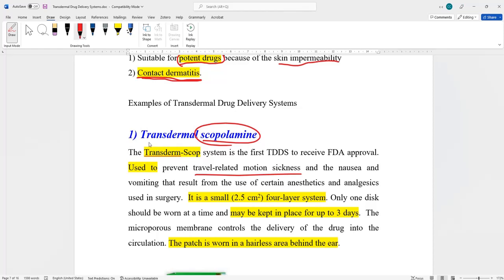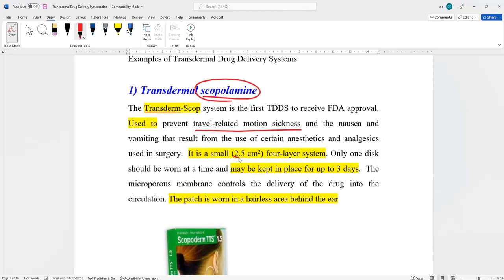So we have transdermal scopolamine, and the example of that is Transderm Scop. And this is the first ever transdermal drug delivery system to receive FDA approval. Is it the first one? From all transdermal drug delivery systems, it was the Transderm Scop.